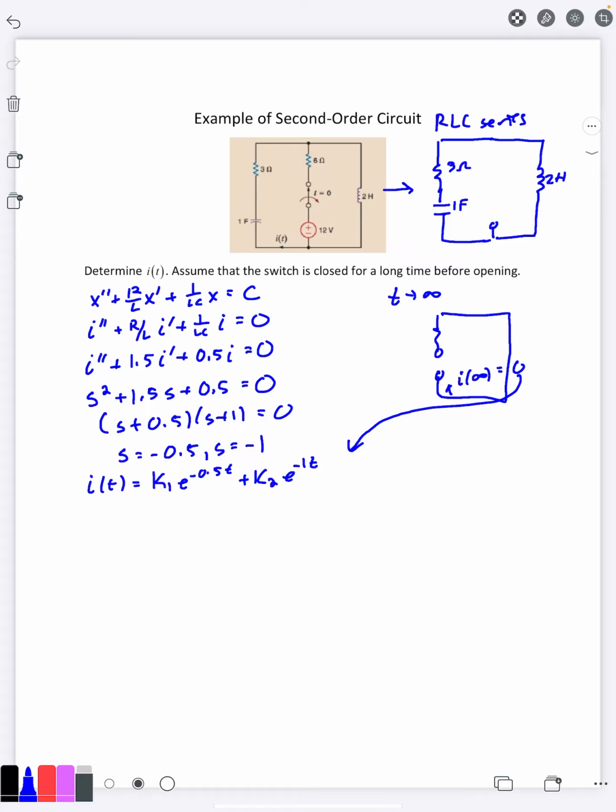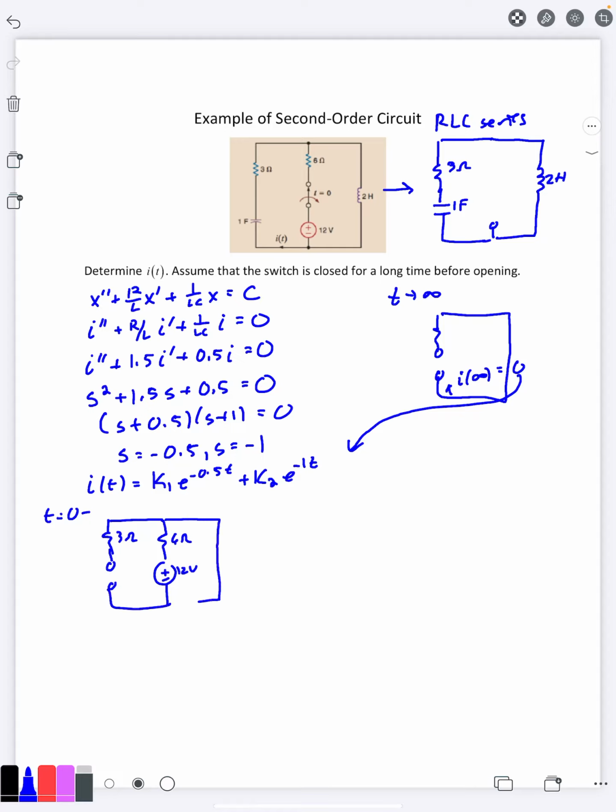Now to figure out our k1 and k2, we need our initial conditions. So for that, we need to look at what's happening right before the switch goes. So at t equals 0 minus, we're in steady state. We have the 12-volt source hooked up.